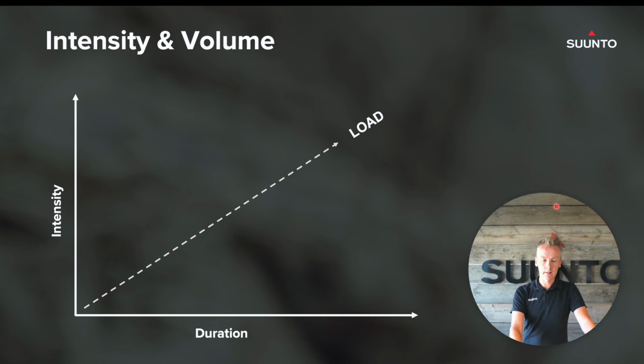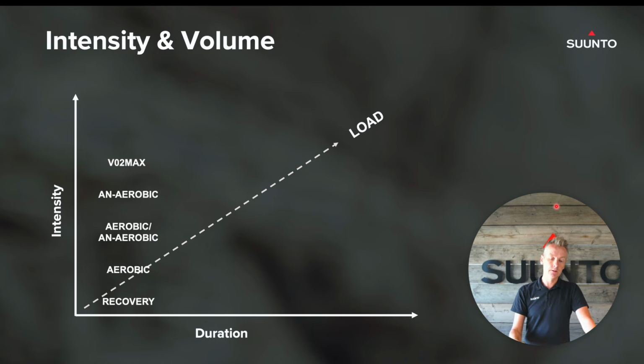Simple thinking, and then when we start to put different intensity levels there, so if you do a short duration, low intensity, that's like a recovery topic, and then when you perhaps make the intensity a bit higher, you start to be working aerobically, perhaps a bit longer, the load increases when the intensity increases, and similarly as you go higher and higher in this intensity ladder, the load also increases.